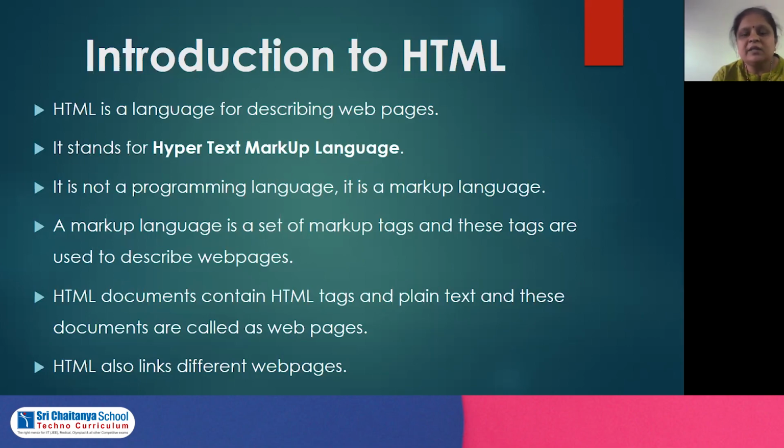So all these pages which contain text, images, everything all together, written using HTML tags, are called web pages. And HTML also links different web pages. We can link the different web pages using the HTML tags. We will learn all that in future.